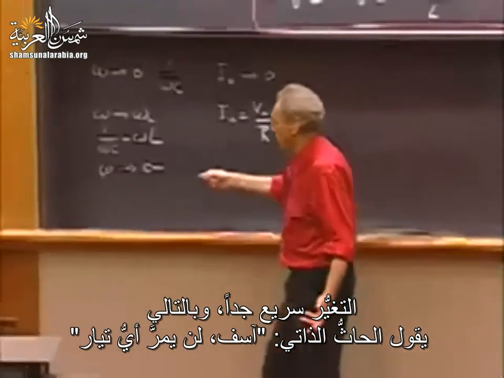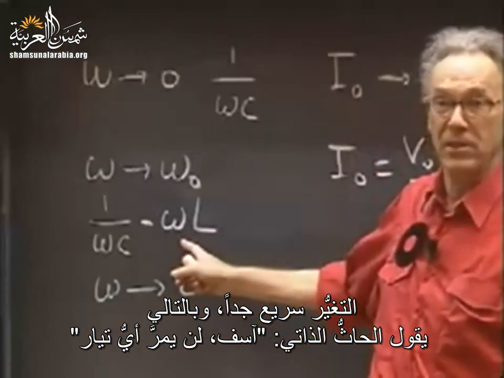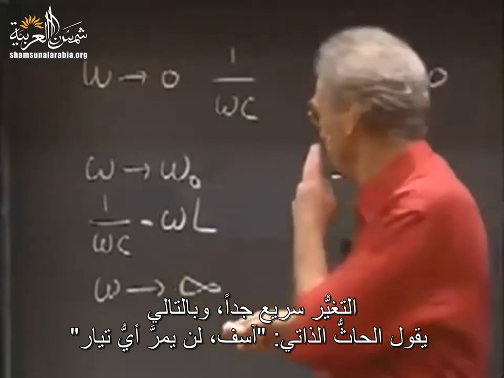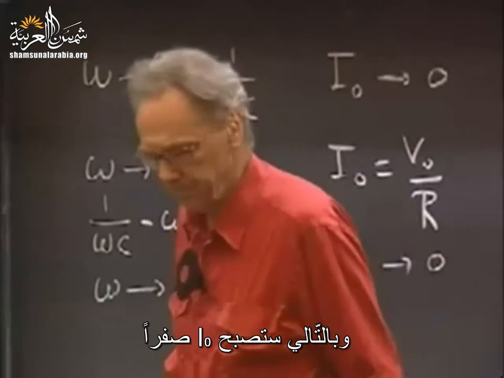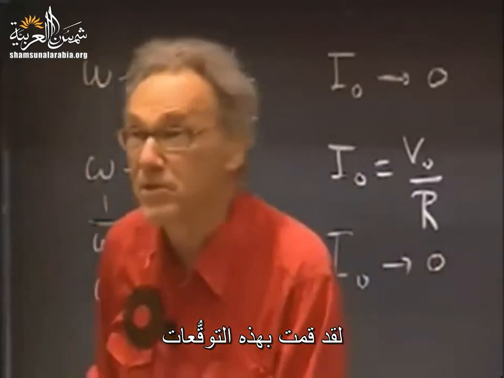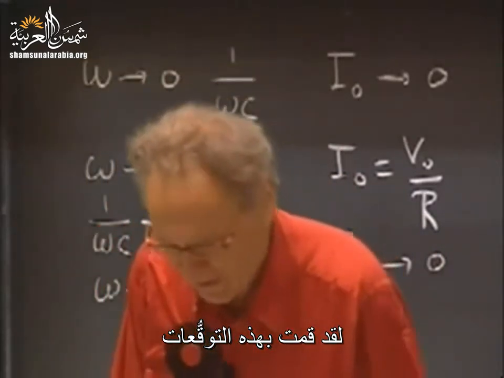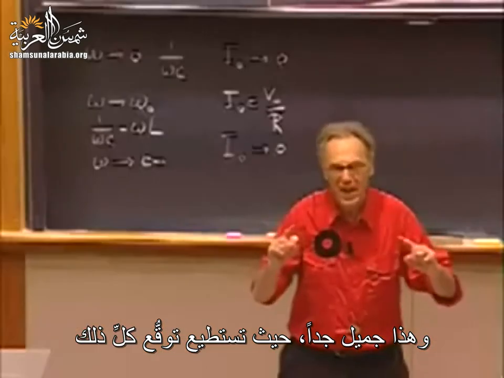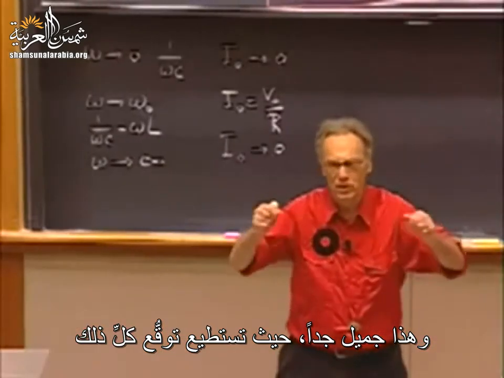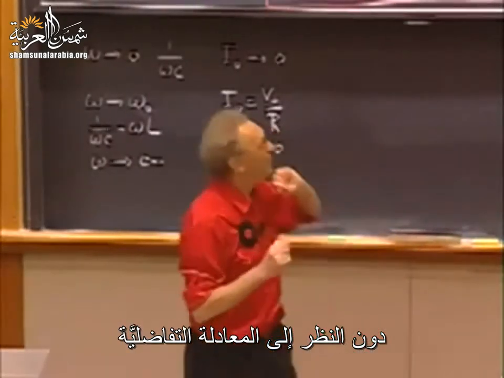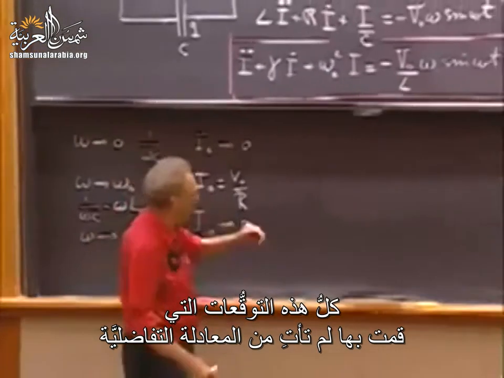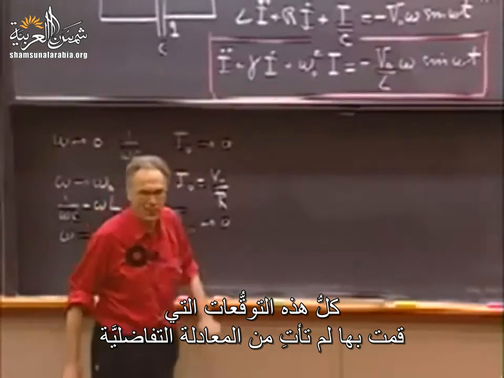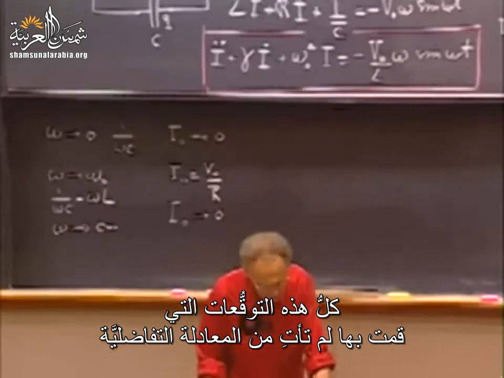And so the self-inductance says, sorry, the reactance is infinitely high, no current, and so I0 goes to 0. And so I make these predictions. And that's always nice that you can use some knowledge to make predictions without even having ever looked at this differential equation. Any of these predictions I made did not come out of my knowledge of that differential equation.